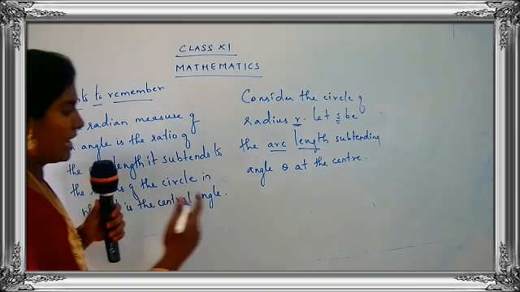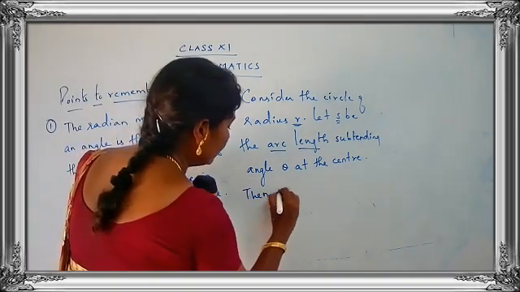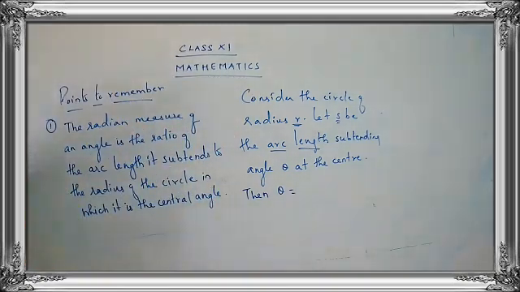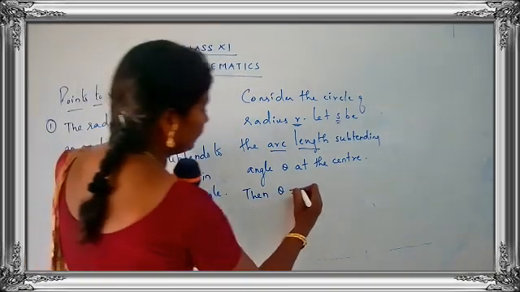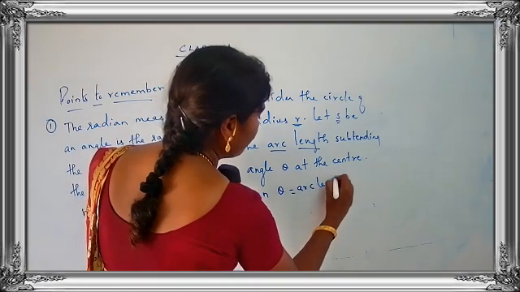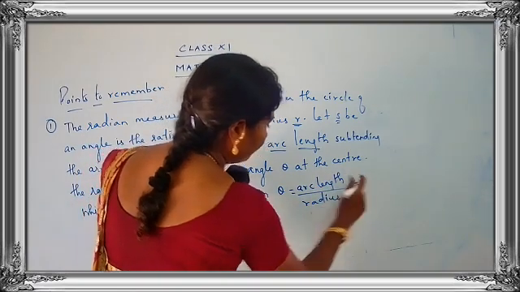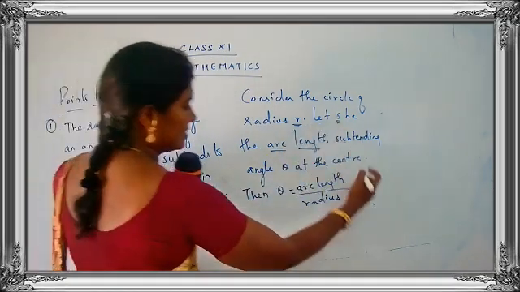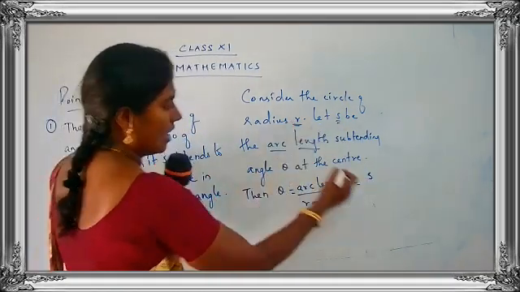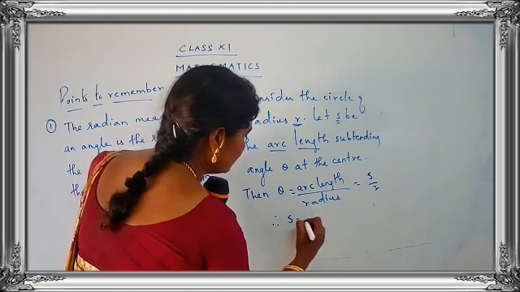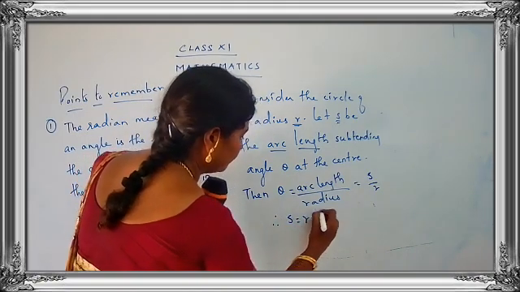So we have to write down the value for theta now. Then theta is equal to arc length upon radius. So what is the formula for theta? Arc length upon radius. We have taken arc length as s, radius as r. So we can write down s is equal to r theta.